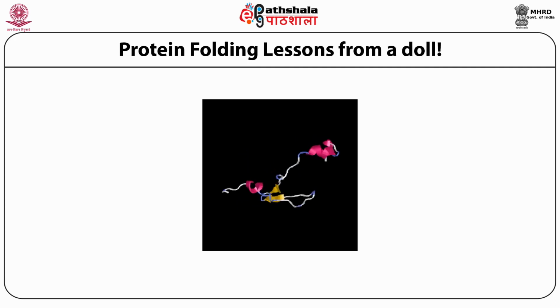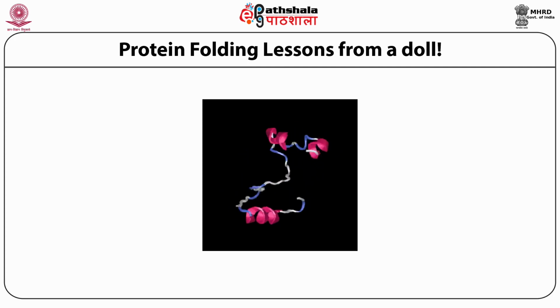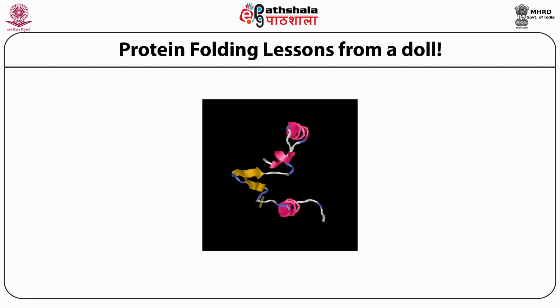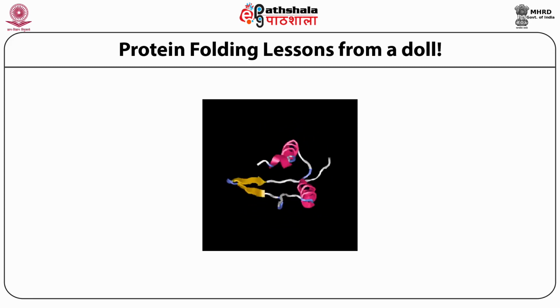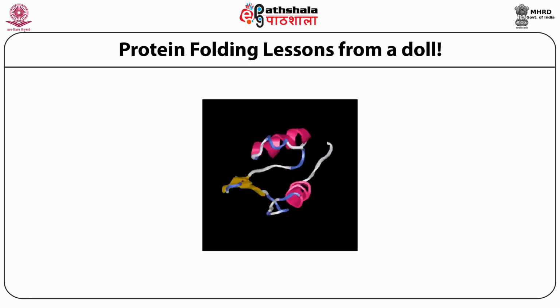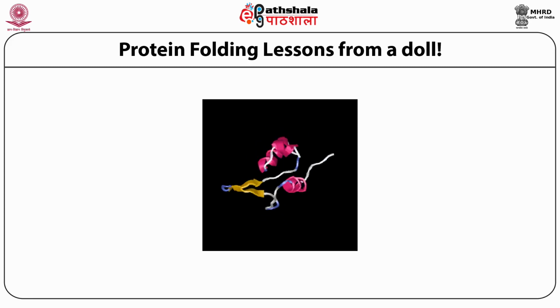So having understood about the aspect of the doll that was trying to look for a stable position, we now come to the concept or understanding of protein folding. What is it that we see here on the slide?